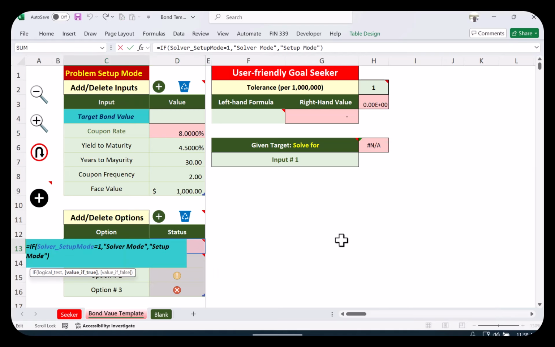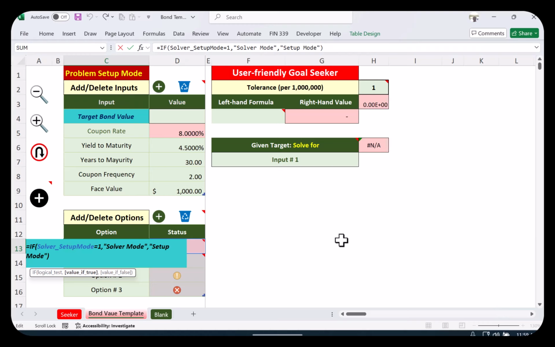That's the beauty of the if function. An if function has 3 arguments. The first argument is a logical test. It's going to be either true or false. The second argument is what are you going to do if the first argument is true? The third argument is what are you going to do if the first argument is false?